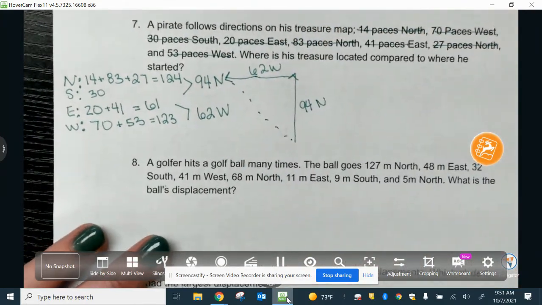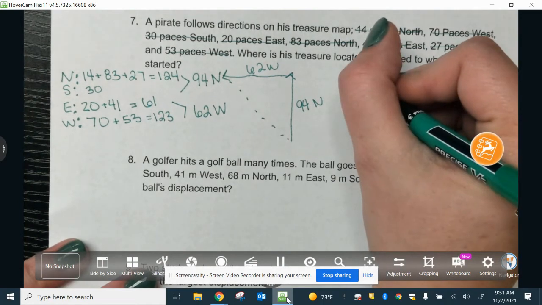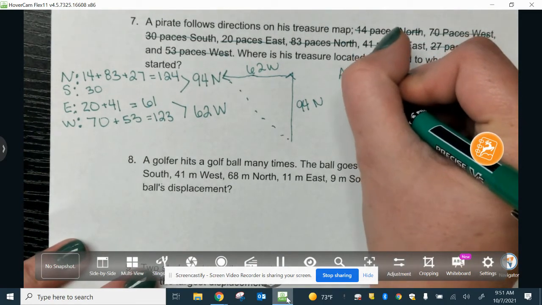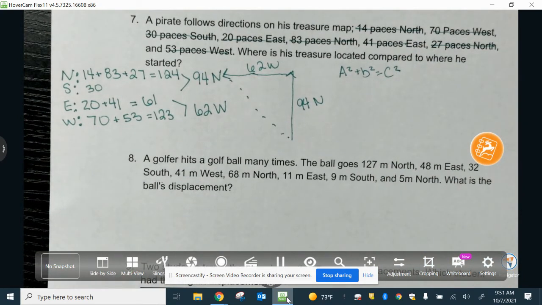So his displacement is that resultant vector or the hypotenuse. So again, if you want to use the one in the front of the formula with r equals the square root of x squared plus y squared, feel free.